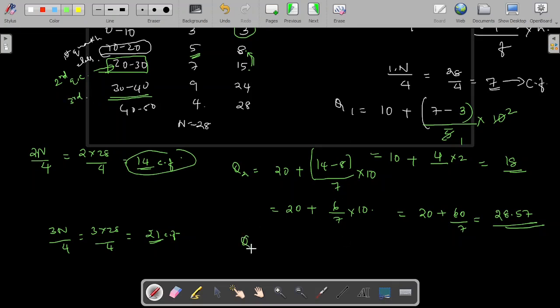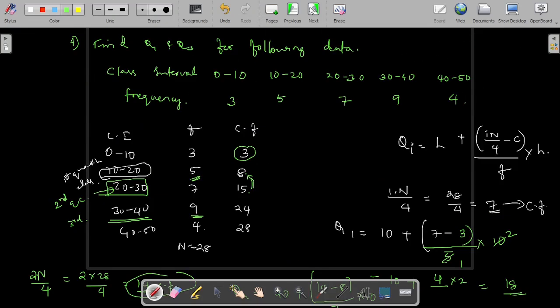So the lower limit is 30, so Q3 equals 30 plus 21 minus the pre-third quartile class cumulative frequency, which is 15, divided by the frequency of this third quartile class, which is 9, into width 10. Simplify all this, you will get the value as 36.66. So this is how we calculate the quartiles for grouped data.